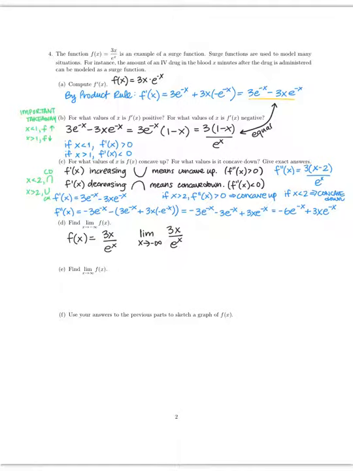This approaches 0 when you raise e to a larger and larger magnitude, but negative power. However, the numerator, 3 times x, decreases without bound as x goes to negative infinity.